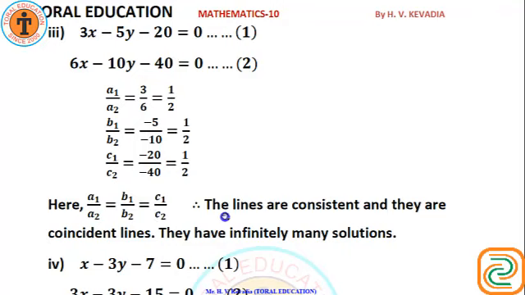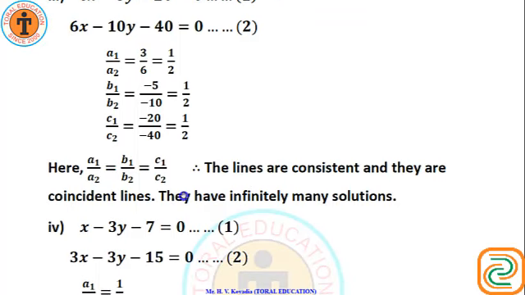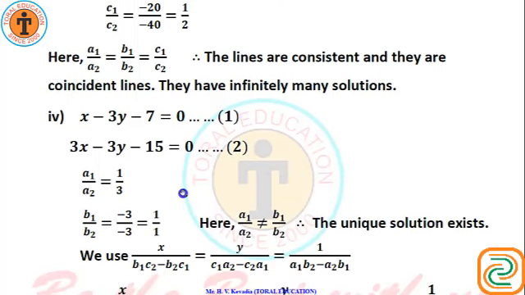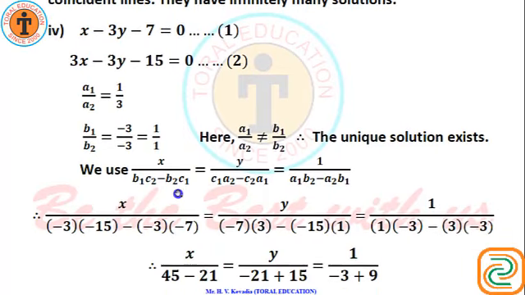So all are equal, so the lines are consistent and coincident, and they have infinitely many solutions. So nothing is to be found out. Infinitely many solutions.